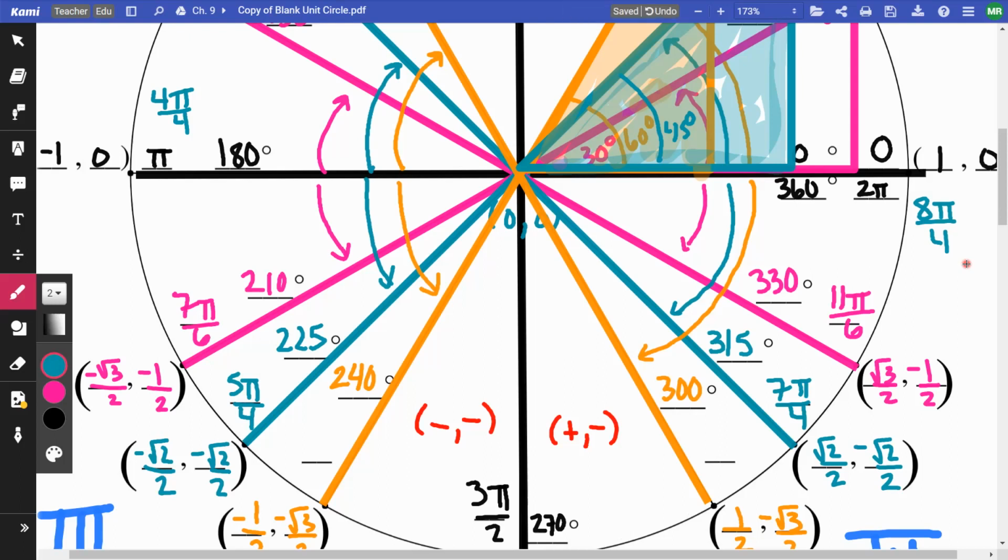So for each of these, if I'm dealing with sixths, I think of my pi as 6 pi over 6 and 2 pi as 12 pi over 6. If I'm dealing with fourths, I think of it as 4 pi over 4 and 2 pi as 8 pi over 4.